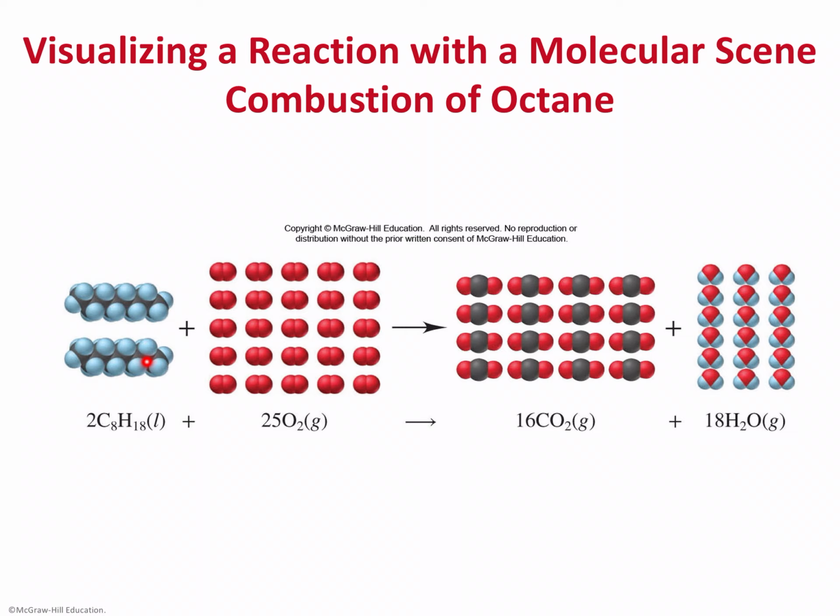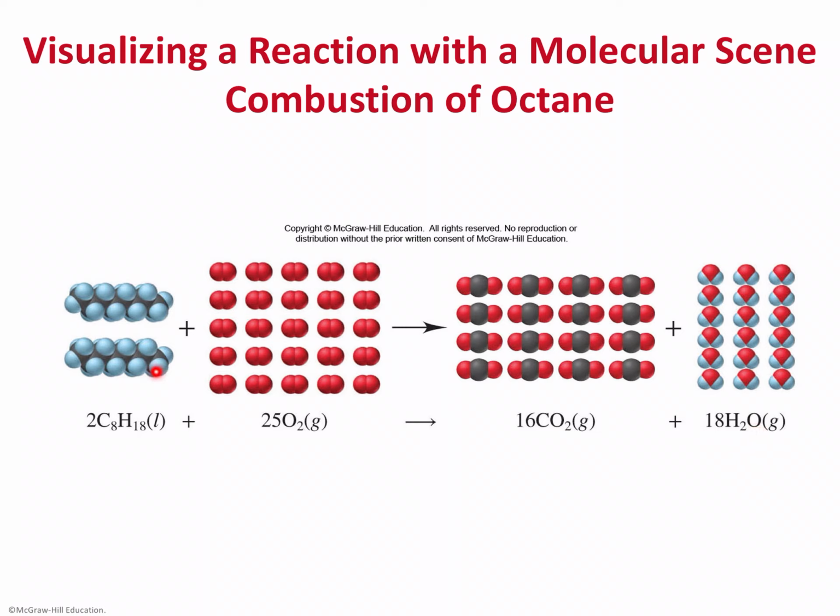Carbon from the octane and red oxygen from the oxygen combine to form carbon dioxide, 1 carbon, 2 oxygen, and there are 16 of them. And then the water, H2O: hydrogen from octane and oxygen from O2 form 18 H2O.